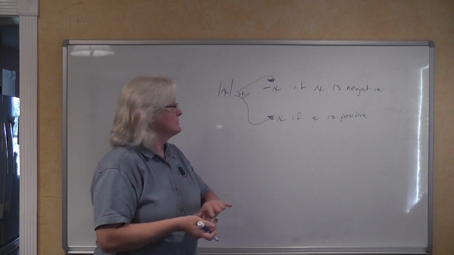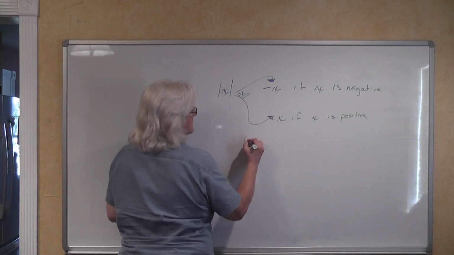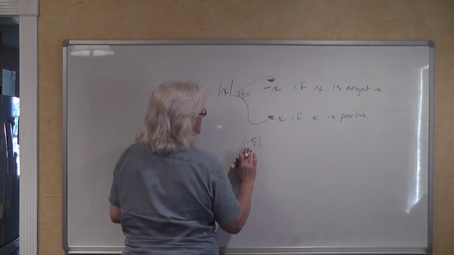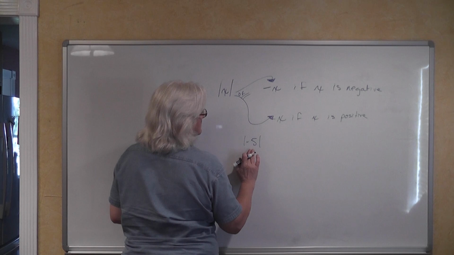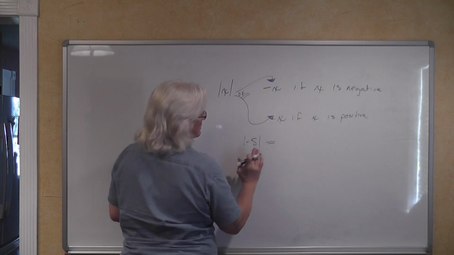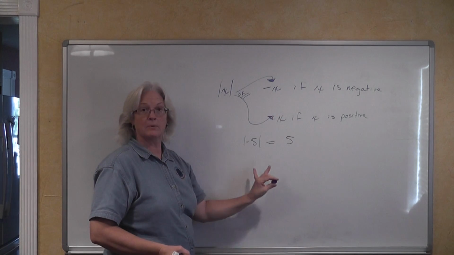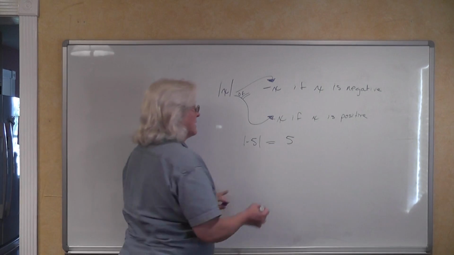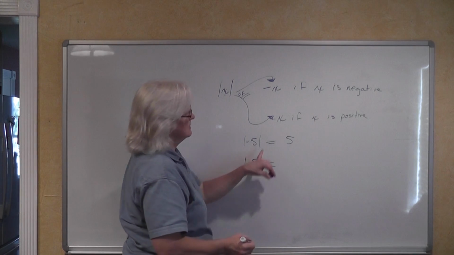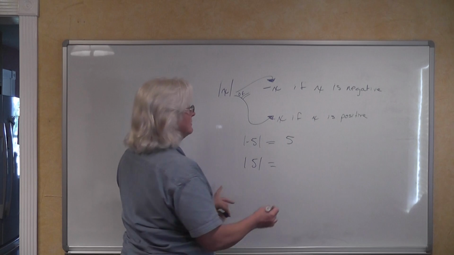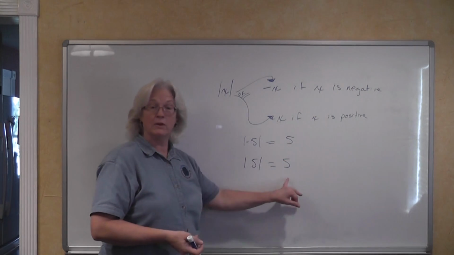So that means that when we have the absolute value of -5, because this is negative, we're going to take the opposite of x to give us a +5. We take the absolute value of 5, x is positive, so that absolute value of 5 is a +5.